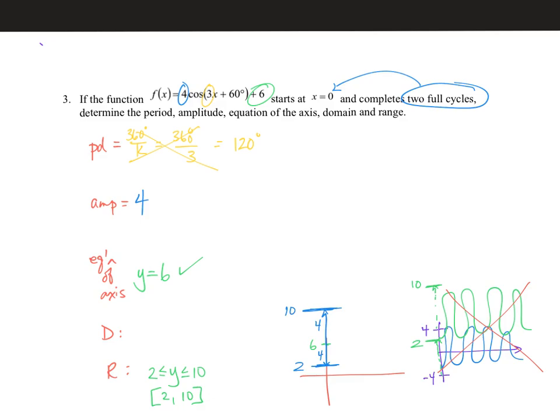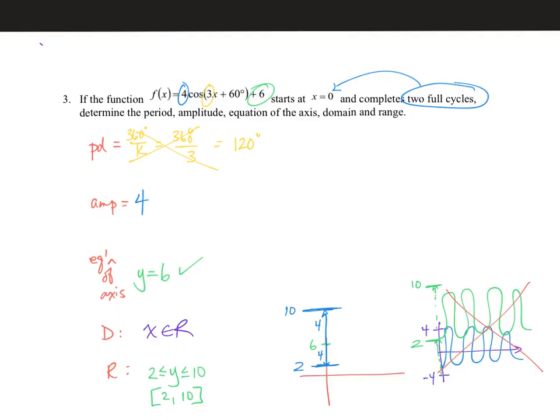Okay, I want to jump into domain a little bit right now, because domain may have been a little tricky. And I would not have been shocked if I had a bunch of people that wrote down, well, I know that my domain for my cosine graph is just x can be anything, so I wrote down x can be anything. Be very careful.